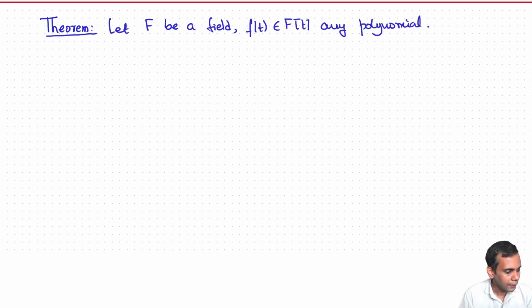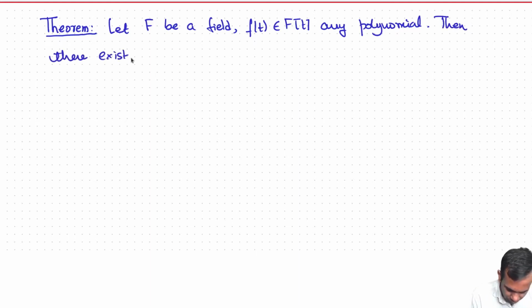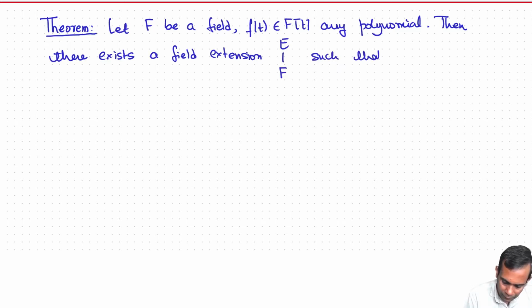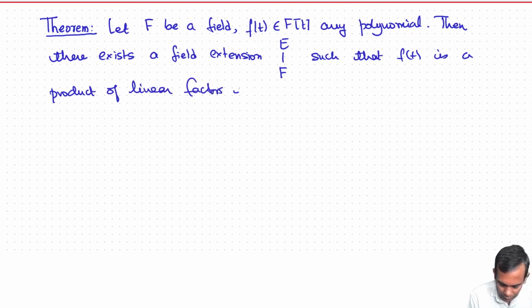Then there exists a field extension E over F such that p(t) is a product of linear factors in E[t].